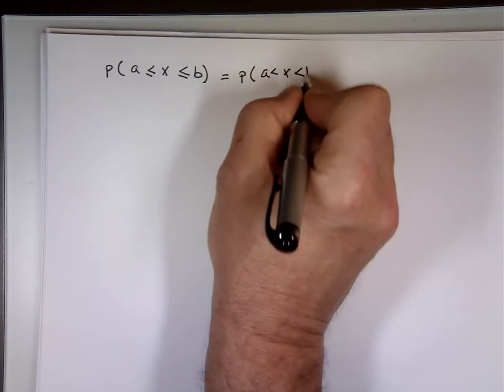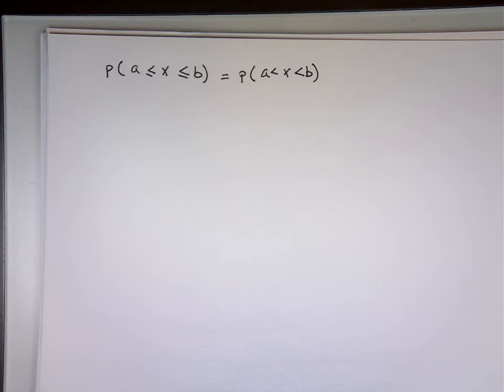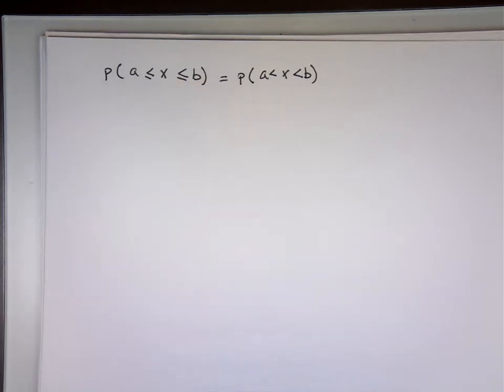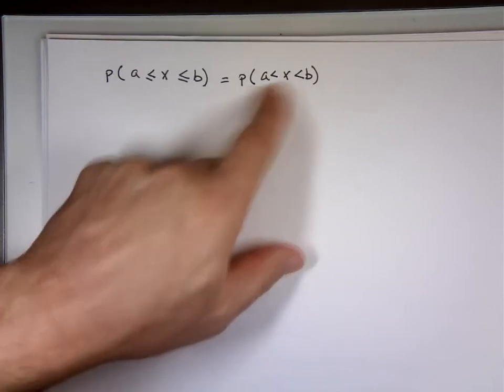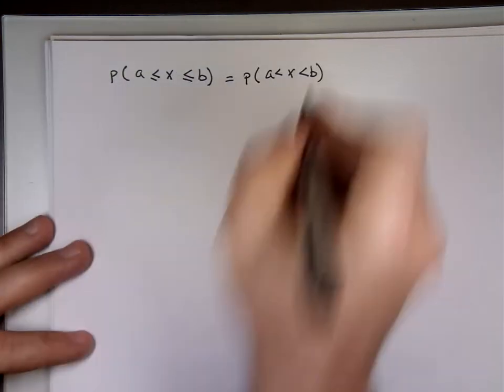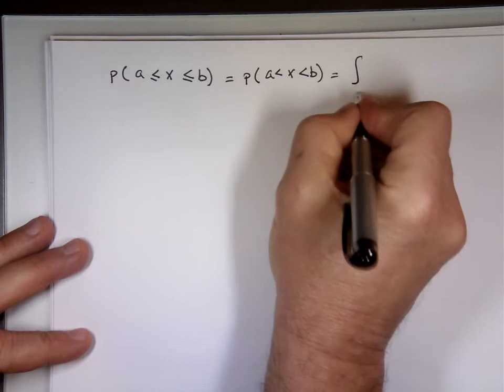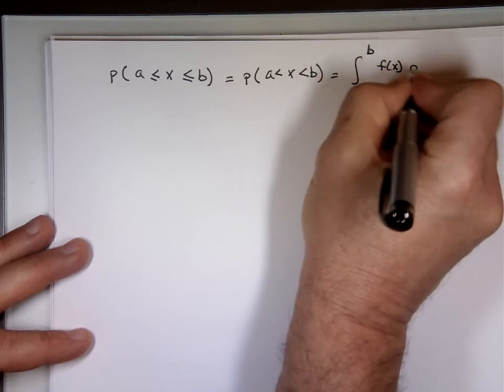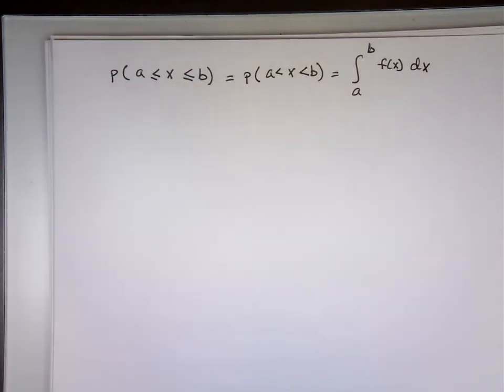What does the integral give you? The area. So if you include that number or not, what's the area of a line going up and down? Zero, it has no thickness. So if there's an equal sign or not, it doesn't change your answer. That's the integral from A to B of f of x dx. That's how you find the area between A and B, or the probability between A and B.